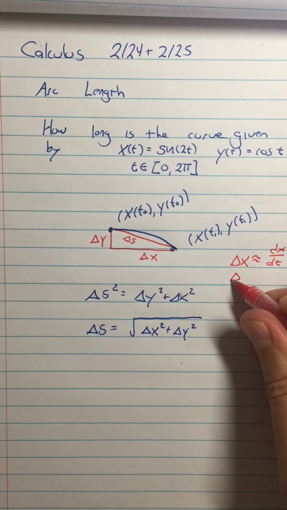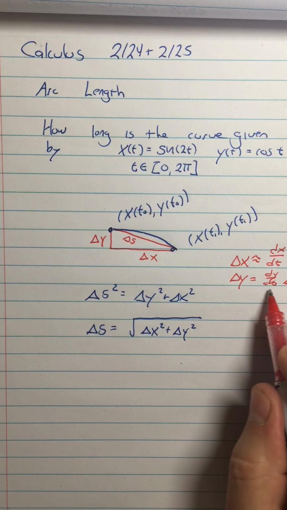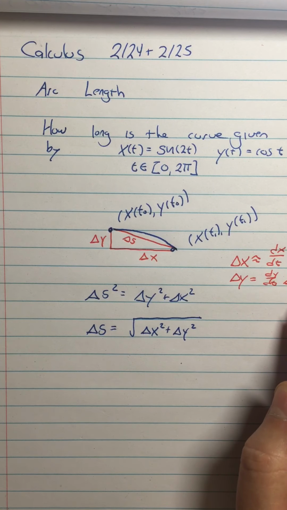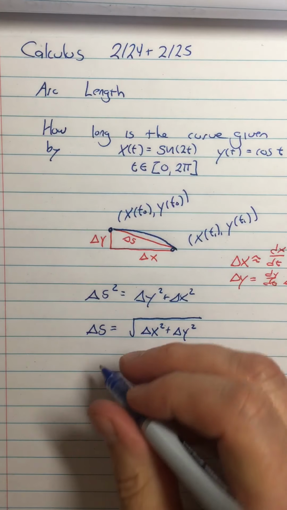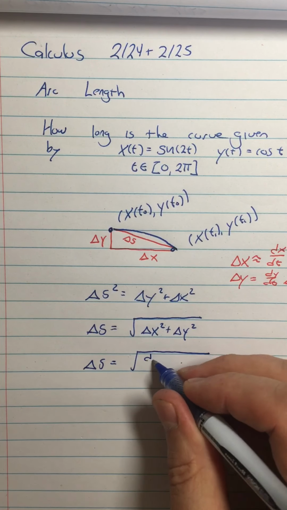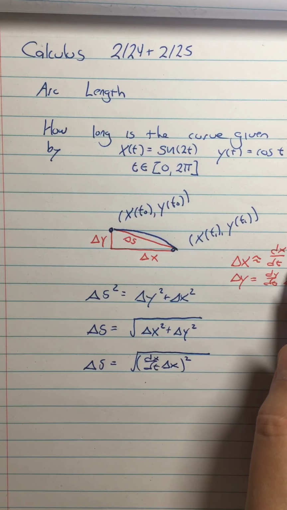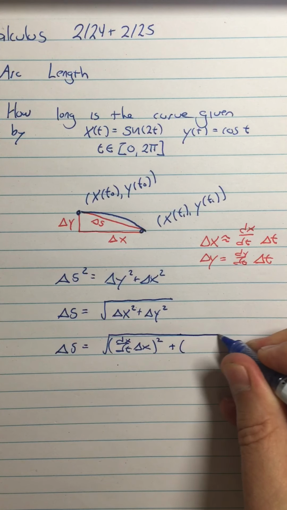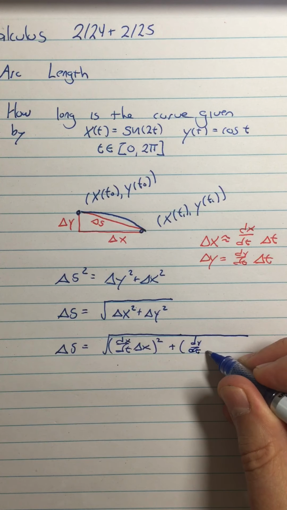Then similarly, delta y is equal to dy dt delta t, essentially the rate at which the particle is moving in the y direction, that's dy dt, times the amount of time that elapses, delta t. So then I can say in this equation that delta s equals the square root of dx dt delta t squared, because delta x is being replaced by dx dt delta t, plus, for delta y, we're going to put this expression, dy dt delta t.